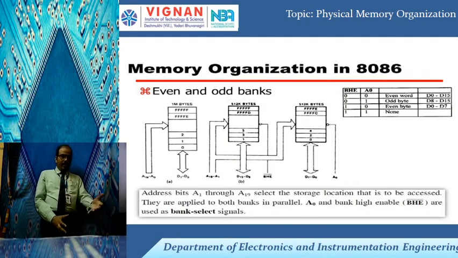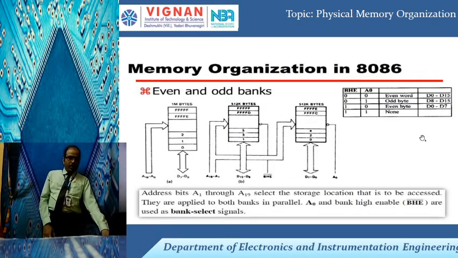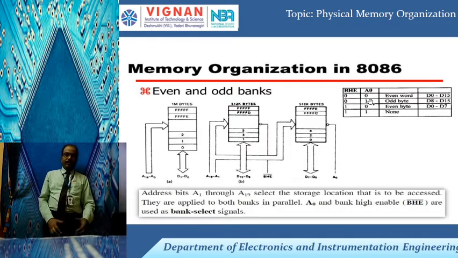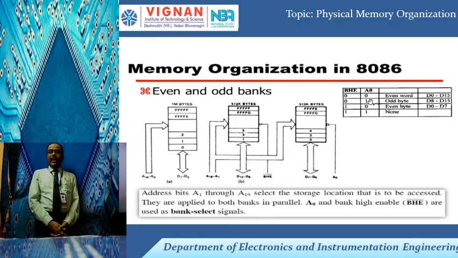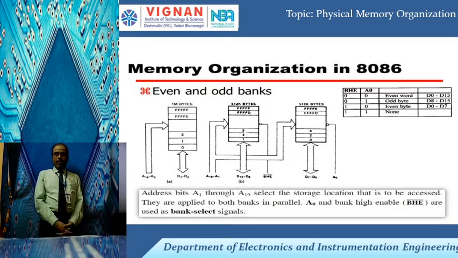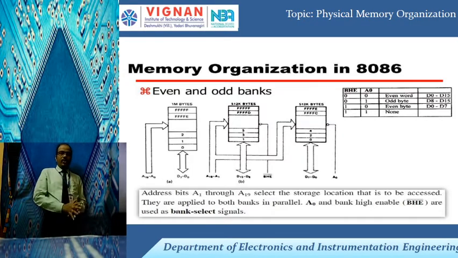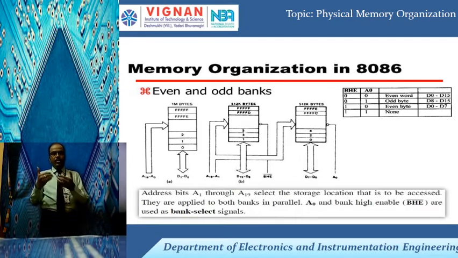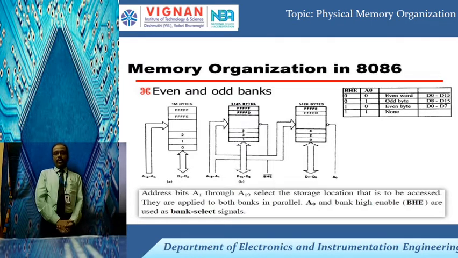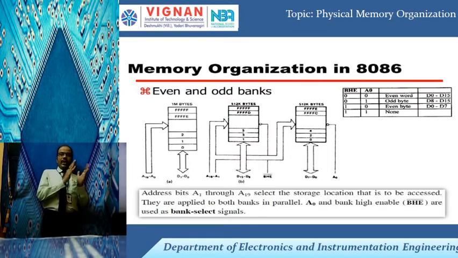Now, if BHE bar is 0 and A0 is 0: BHE bar is an active low signal, so when it is 0, the odd address bank is enabled. A0 is 0, so the even bank is also selected. Both banks are selected, that is nothing but a word.